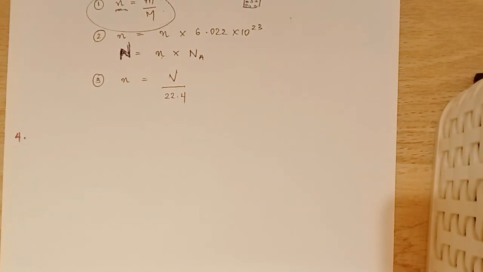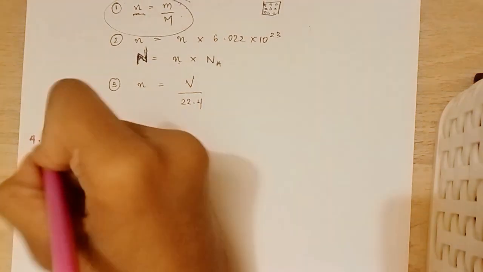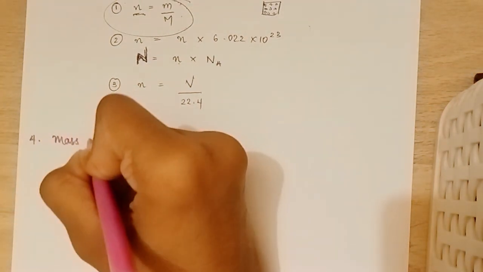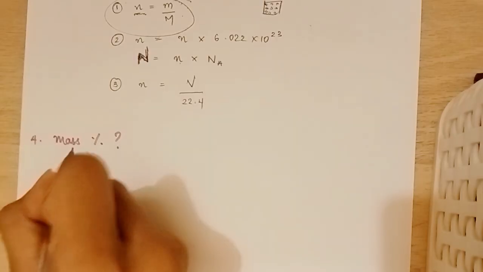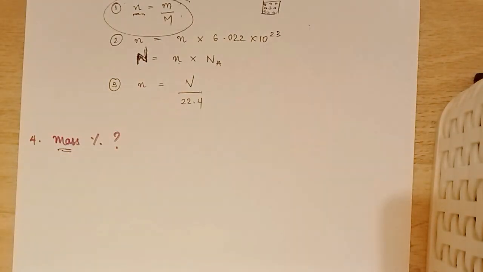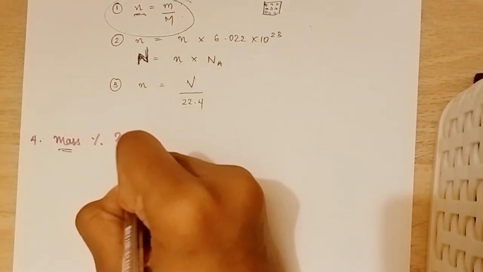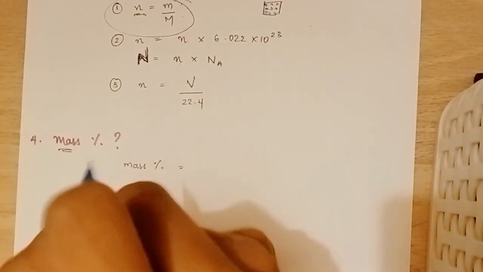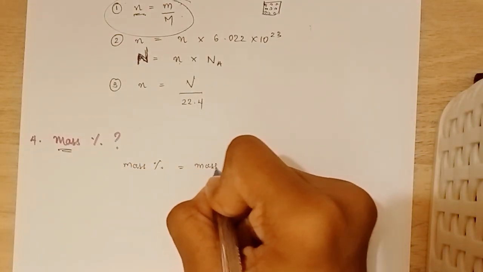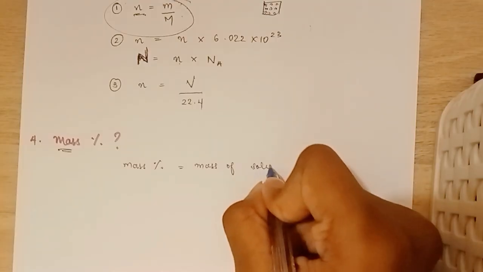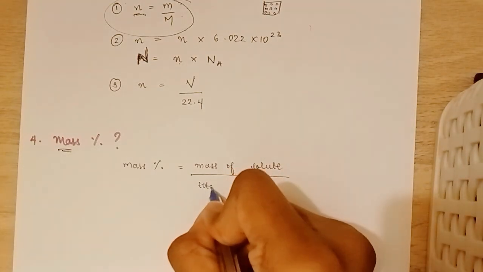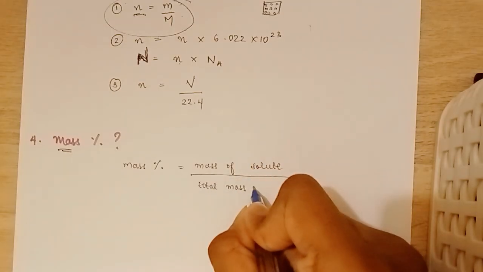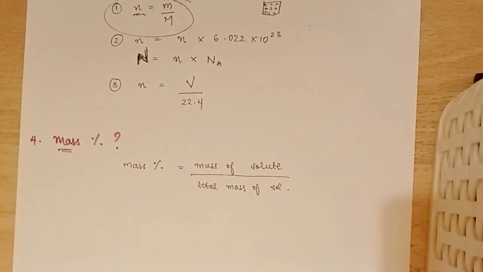Now let's go through each of the equations, starting with mass percentage. So what is mass percentage? Mass percentage, as the name suggests, is the percentage of the mass. The mass percentage is equal to the mass of the solute divided by the total mass of the solution.